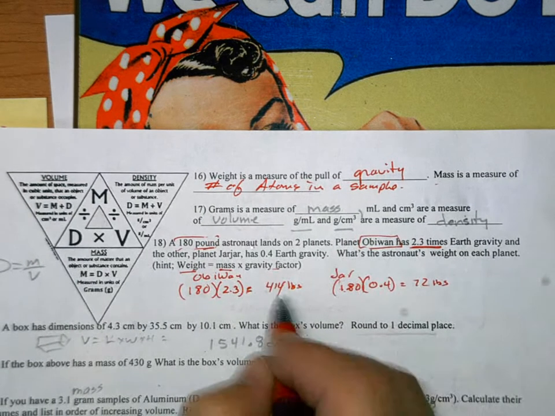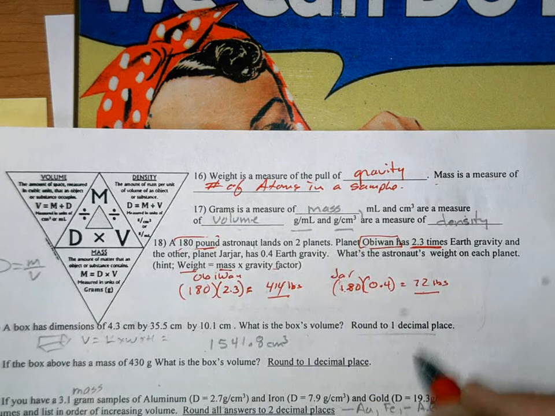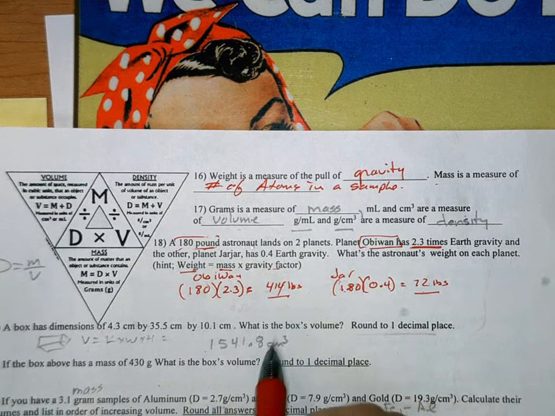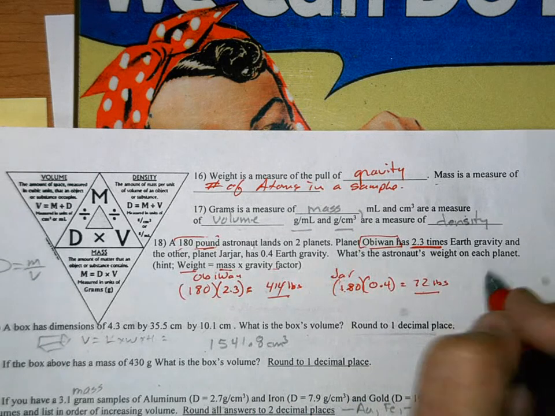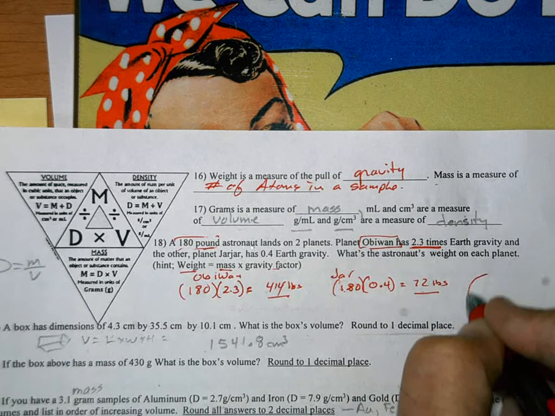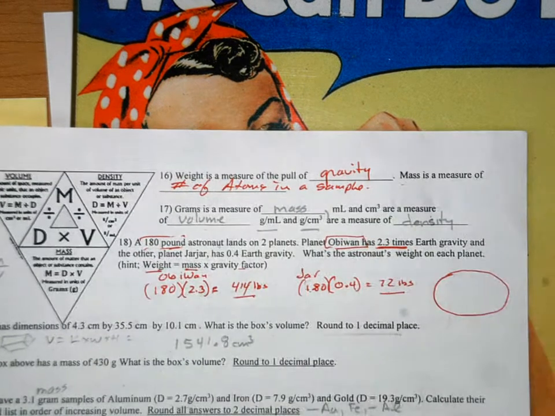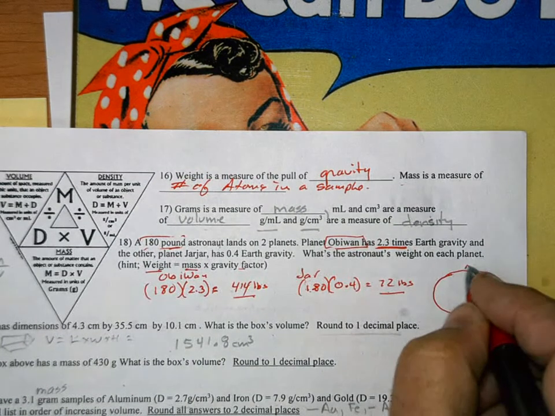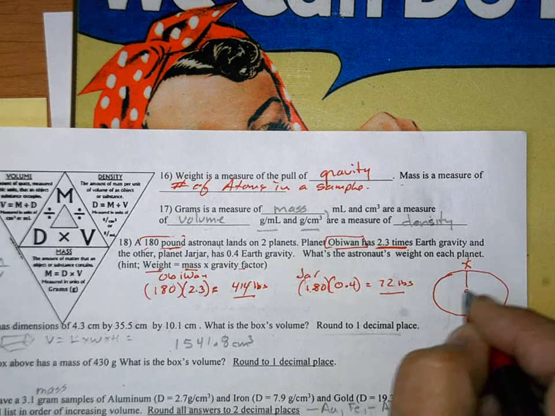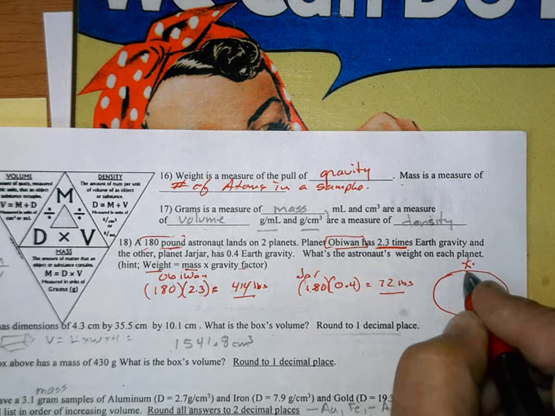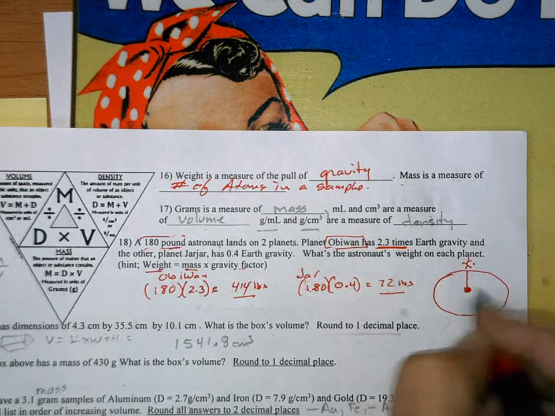But the idea is, if you're on a planet that has more mass, you're going to weigh more. In fact, here's a factoid for you. The Earth, I'm exaggerating here, is shaped like this. If you stand on the North Pole, you're going to have a greater weight because you're closer to the Earth's center, so the gravity factor is bigger.